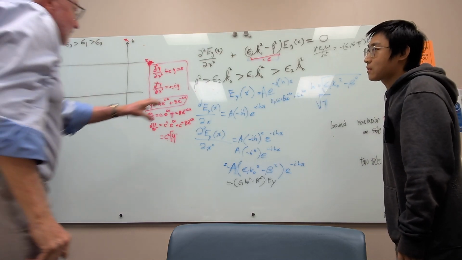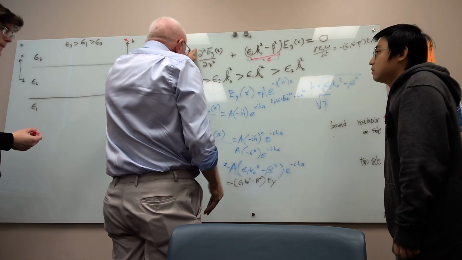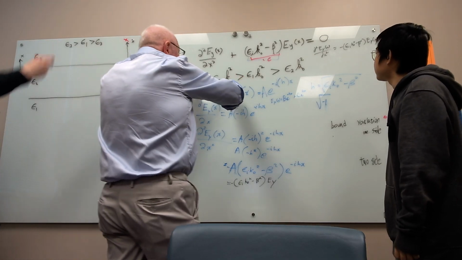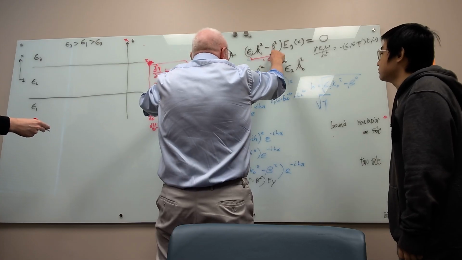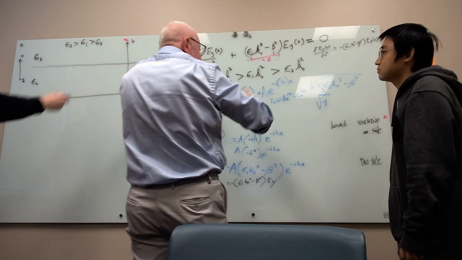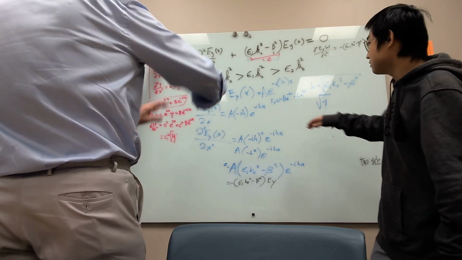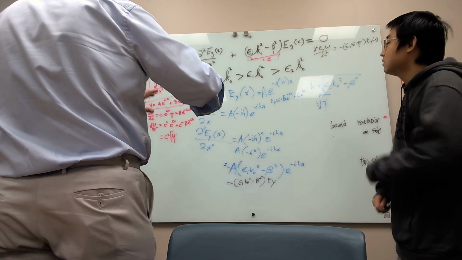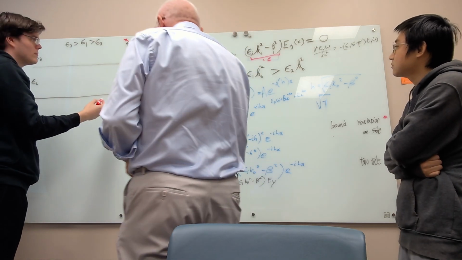This is the electromagnetic wave equation for the electric field, and I'm looking at what's the mathematical nature of the solution. I don't care about bound or radiation. I just want to know mathematically what the solutions are.